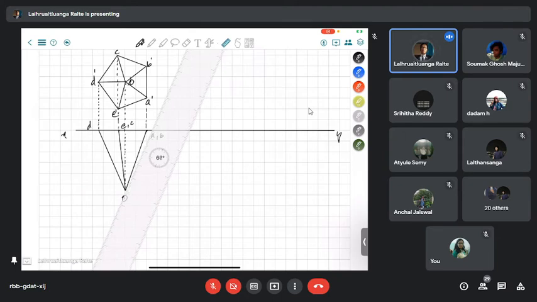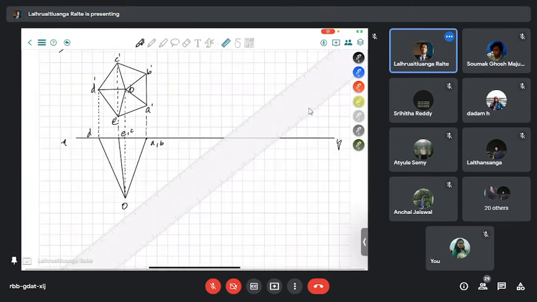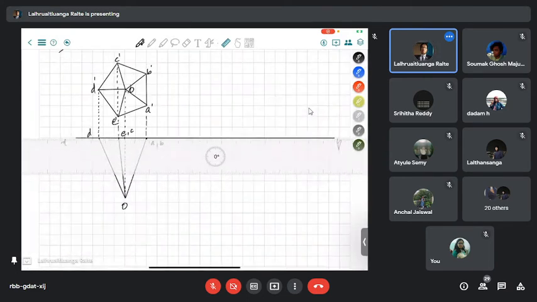So the length of AB is roughly around 1, 2, 3, 4.3.5 units. Let's start from here.